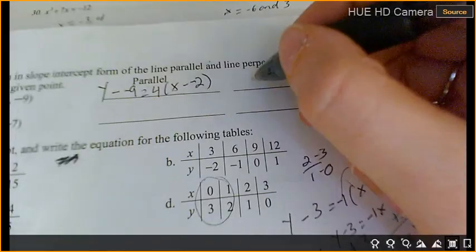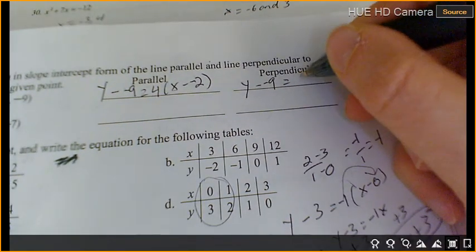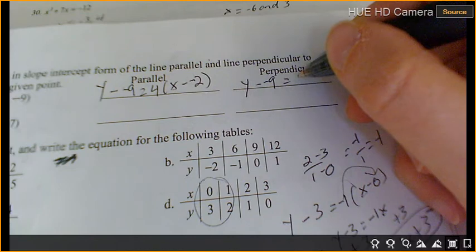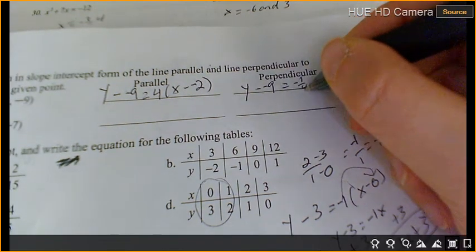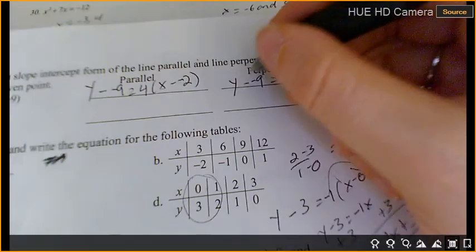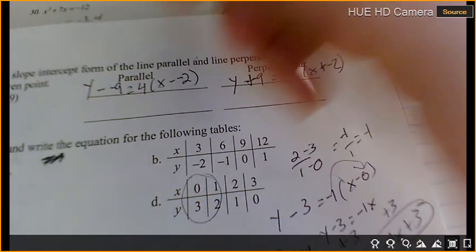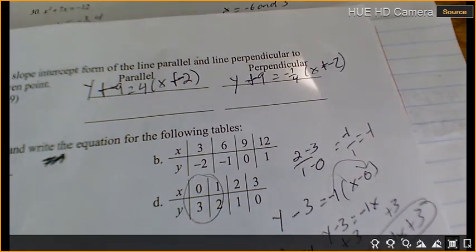So I'm going to have 1 minus a negative 9 again equals, what's going to go here for my slope? What's the opposite reciprocal of 4? Negative 1/4 times x minus negative 2. And remember, 2 negatives make a positive, right? Oh, okay, I messed that up. And then you can distribute if it needs to be in slope-intercept form. Okay?